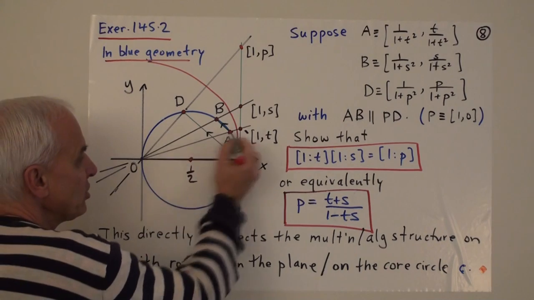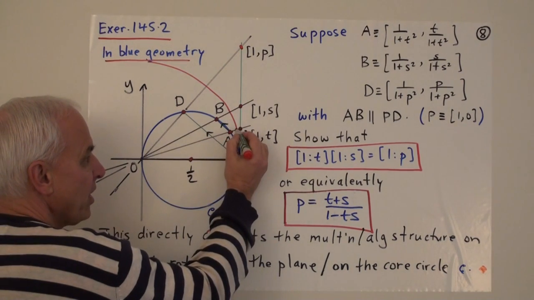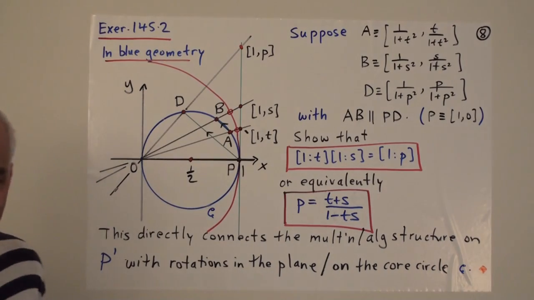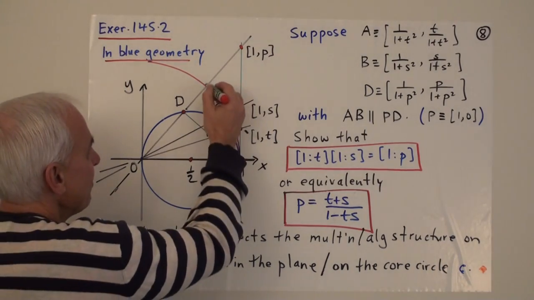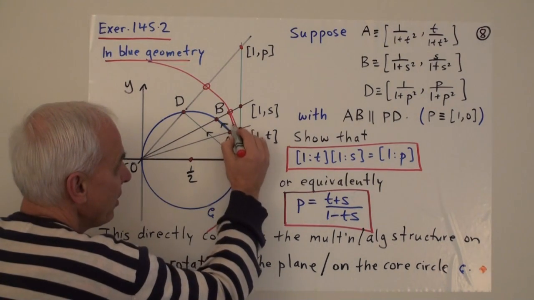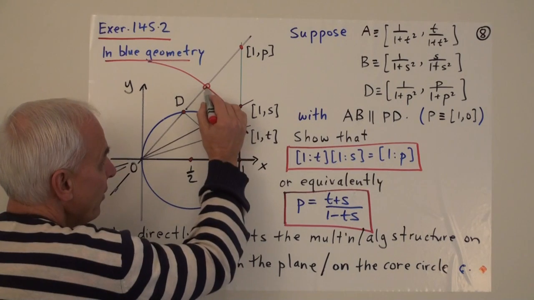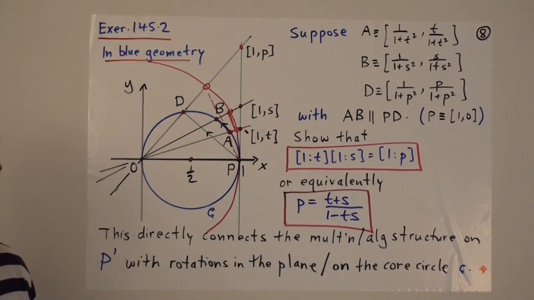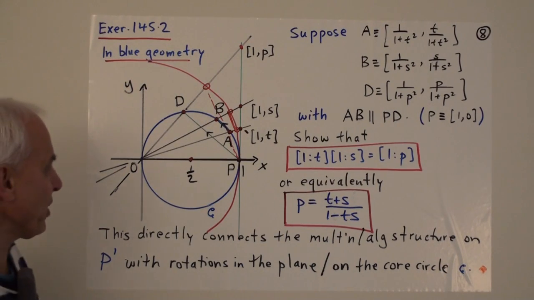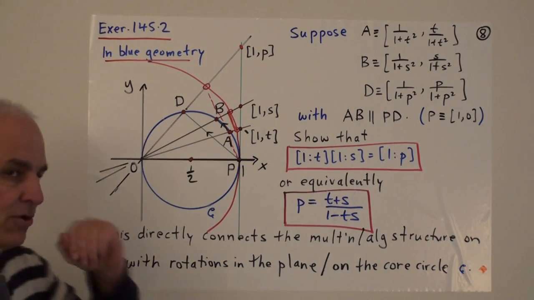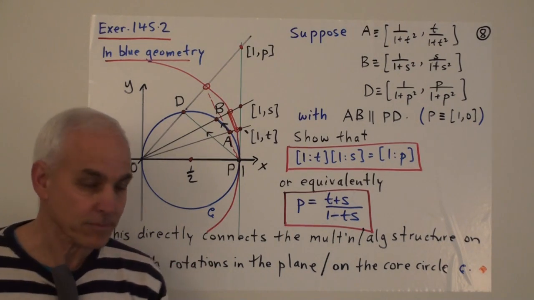That if these two lines meet the unit circle, let me put them at those points there, and meets also this thing here, then you can verify that, in fact, this line segment here and this line segment here are also parallel. So whether we're measuring the rotations on the core circle or the rotations on the unit circle, it's really equivalent.